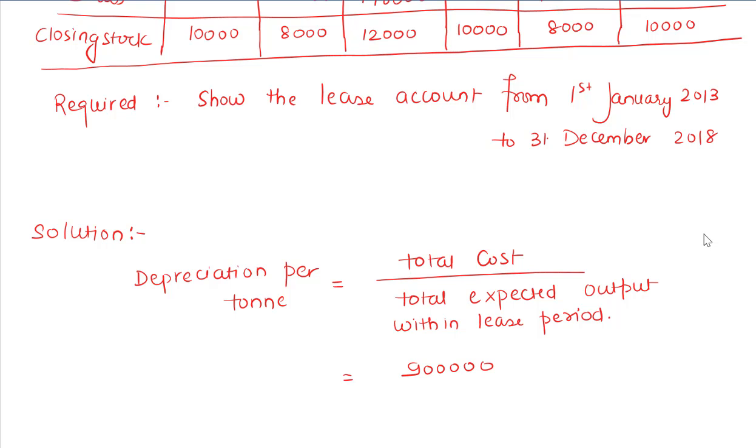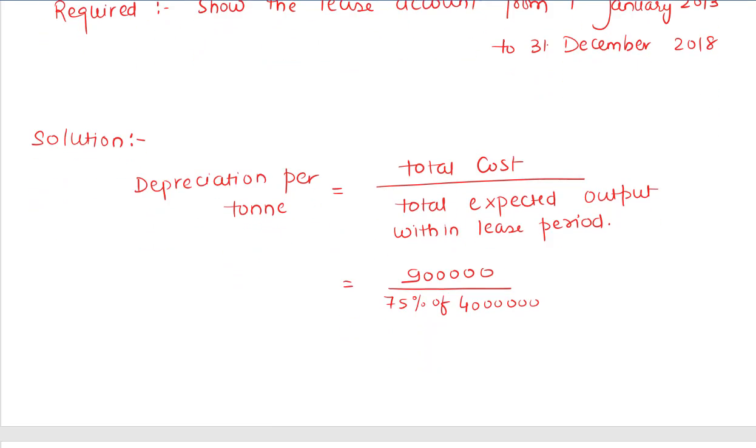Total cost is 9 lakhs. The output is only 75% of 40 lakh tons, which comes to 30 lakh tons.